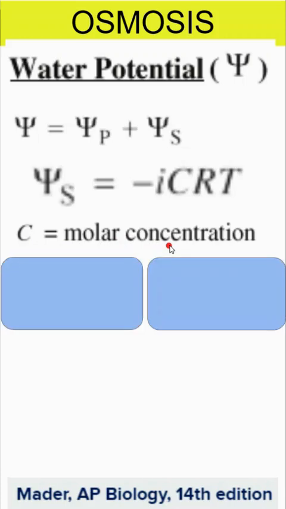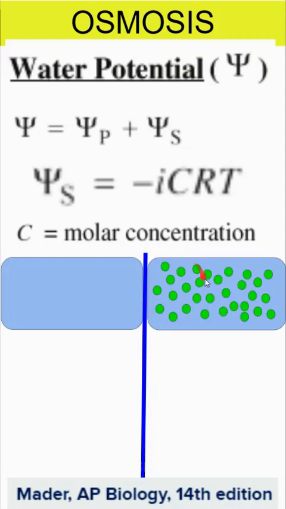So as a demo here, if we have two substances and they're separated by a semi-permeable membrane, solute won't get across, but water can. On this side, we would have a high solute concentration, and this would be a low solute concentration. This side with the high molar concentration or high solute concentration would have a big C. This one would be a small c.